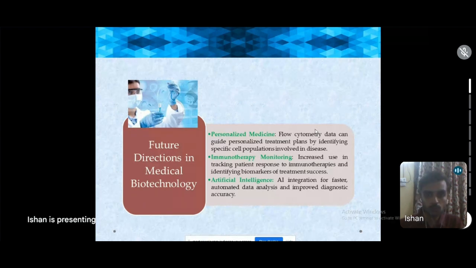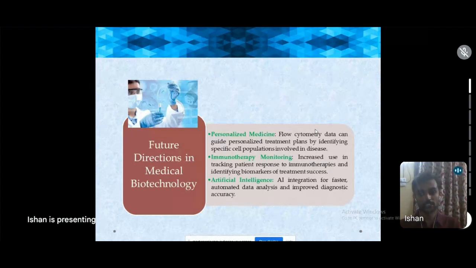Immunotherapy monitoring: increased use in tracking patient response to immunotherapy and identifying biomarkers of treatment success. Then the most talked about thing in the world of biotechnology, science and technology nowadays is artificial intelligence.